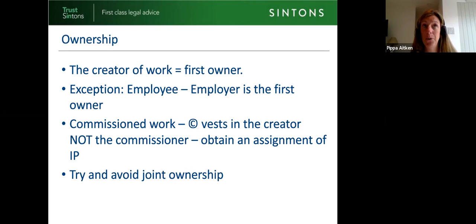It may be that you can negotiate it so one party owns the IP and licenses it to the other parties to use it for the purposes they want to use it for. And as long as that license is sufficiently wide enough for the licensee, that should be better than trying to have a joint ownership work where you're tied to each other for the rest of the copyright life.